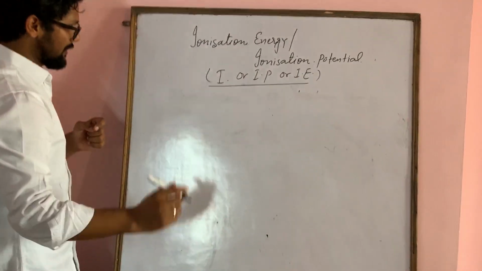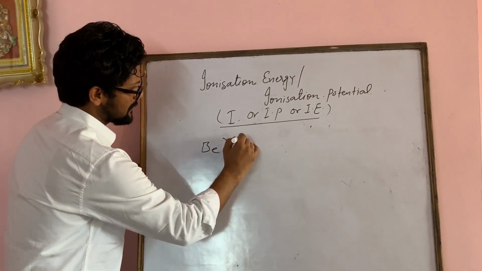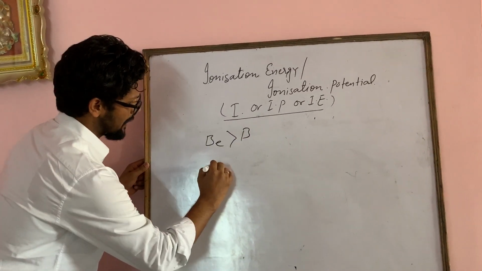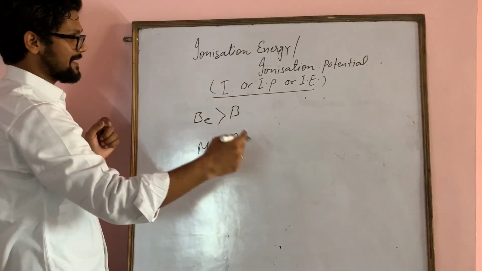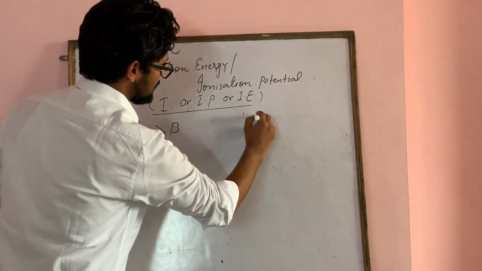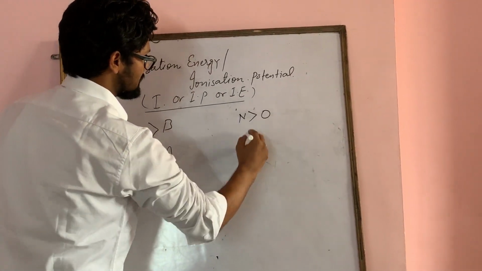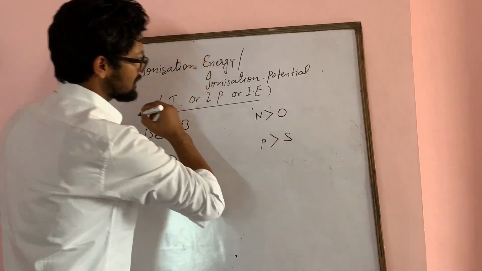In your book you can see that the IP of beryllium is greater than boron, and magnesium is greater than aluminum. As well as you can see in the 15th group, nitrogen is greater than oxygen and phosphorus is greater than sulfur.